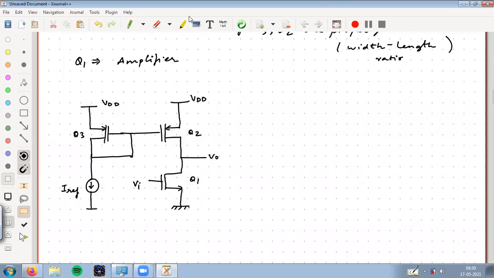Now, if I look at only Q2, I assume the voltage across this to be some V, and the current flowing through this is some current I. I'm considering only Q2 here.